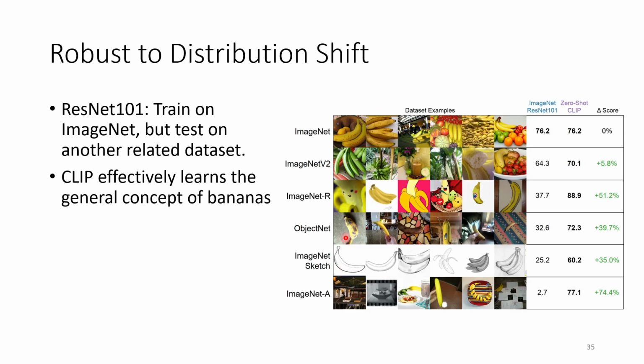And second, because all of the images in that set contain the keyword banana, their model learns the concept of banana, not restricted to the images of ImageNet, but a variety of concepts of banana.